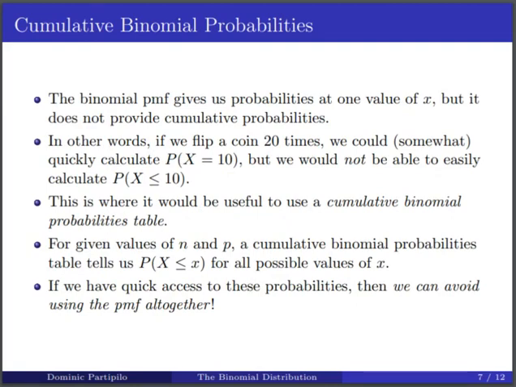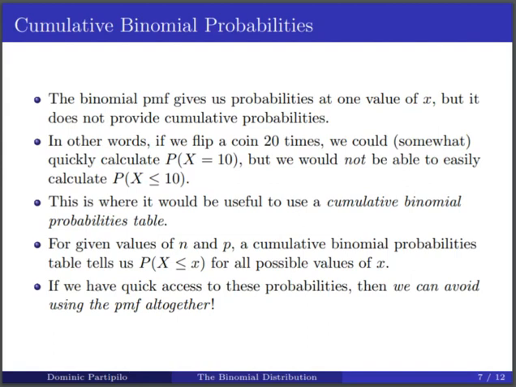So now let's talk about cumulative binomial probabilities. The binomial PMF gives us probabilities at one value of x, but it doesn't give us cumulative probabilities. We could answer the question of what's the probability of getting three heads in four flips of a fair coin, but we can't answer the question of what's the probability of getting three or fewer heads in four flips of a fair coin.